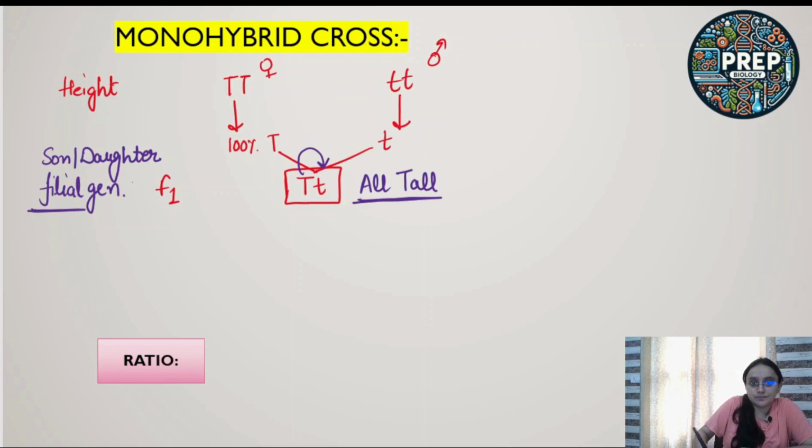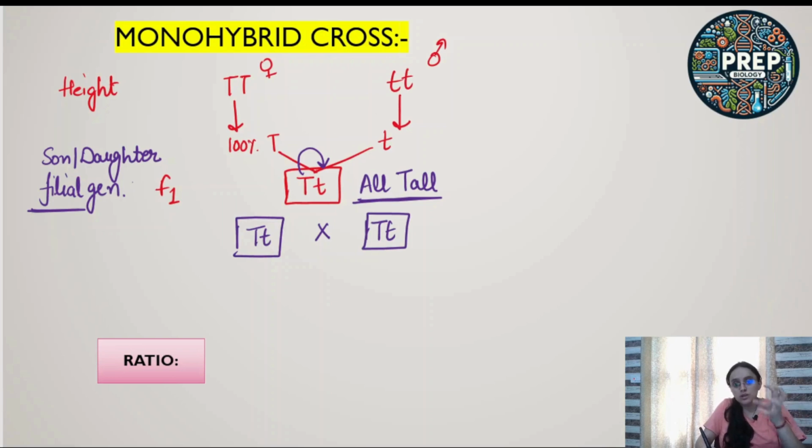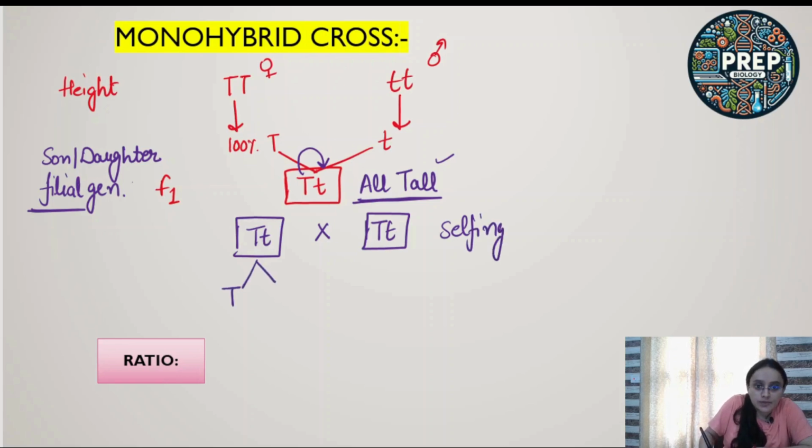Now, what happens? By taking the F1 generation, selfing or self-fertilization takes place. Self means within itself, a cross within this character. When selfing takes place, we have two kinds of gametes from each parent. Now the fertilization occurs, so understand it carefully.